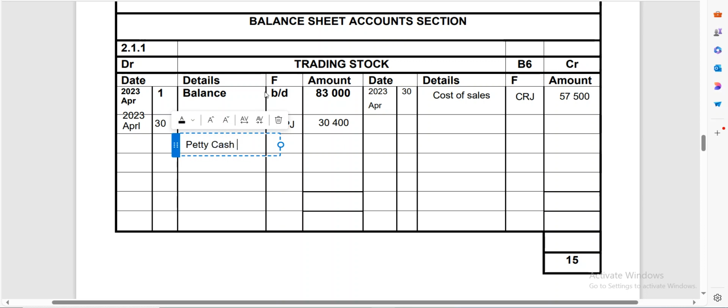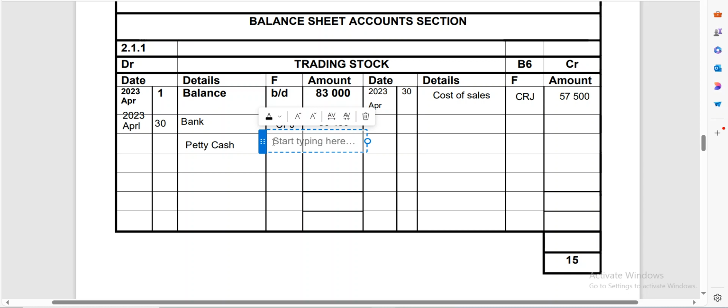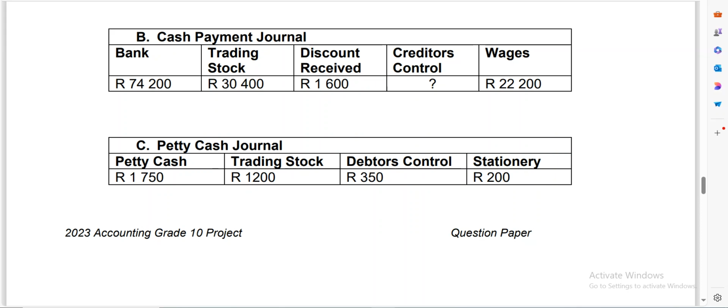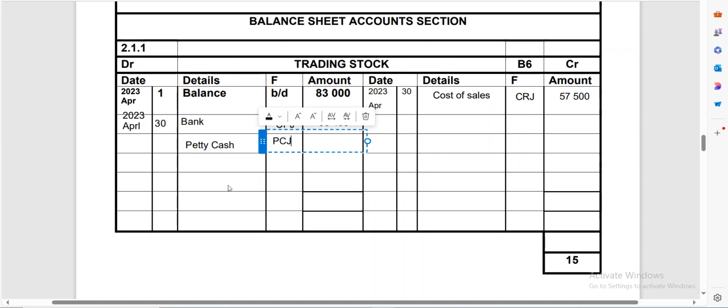Okay, and then where did I see this? I saw this in the petty cash journal, so I'll just write PCJ, and then the amount is 1,200. So I'll have that 1,200 here. Okay, then I have my 2 marks for this.